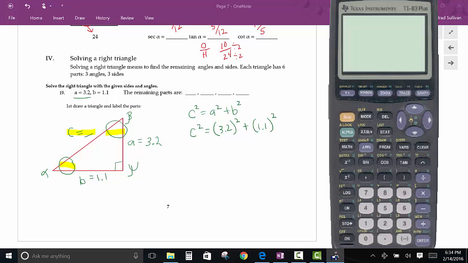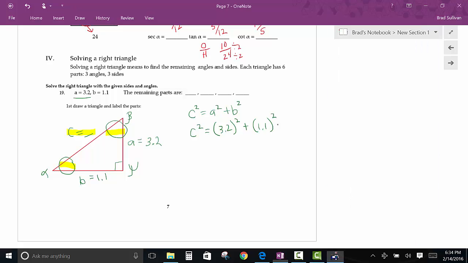When you're really doing this, you can do it all in one step, so I'm just going to enter 3.2 to the second power plus 1.1 to the second power, and record what that is. That gives me 11.45, which is what the calculator generated.